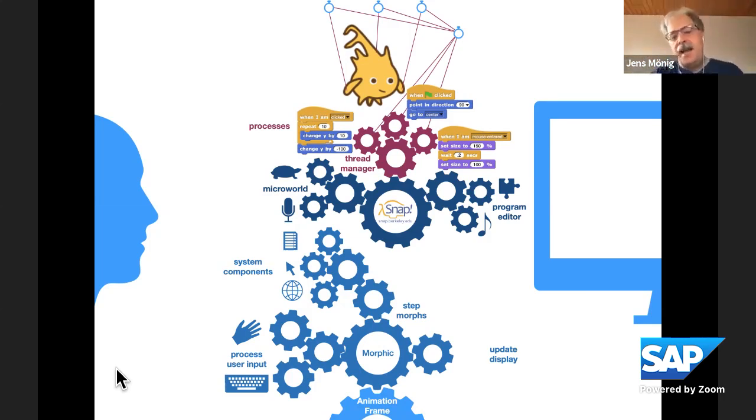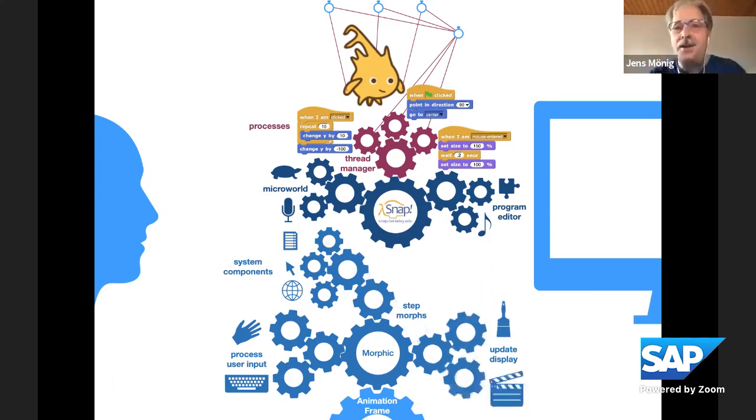At the end of every frame, we also update the display. We re-render the damaged regions of the display, the ones that have been changed in that frame, and then we redisplay the whole world. All of this is happening in chunks of 15 milliseconds. That's the animation frame of 67 frames per second.